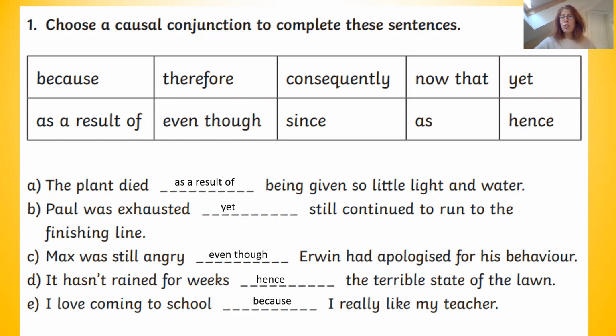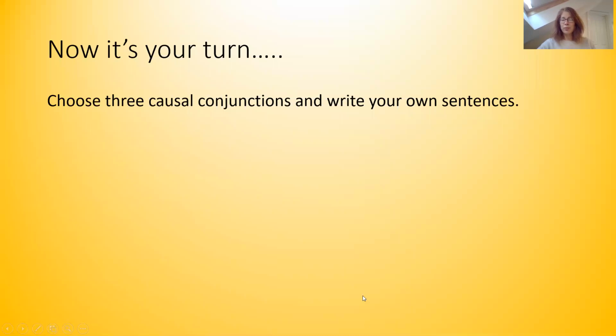Okay, so you've got 10 different conjunctions there. Hopefully you're beginning to remember these and think about how they could be used, because there's one final task I would like you to do today, and that is have a go on your own. I'd like you to now select 3 causal conjunctions and write your own sentences.